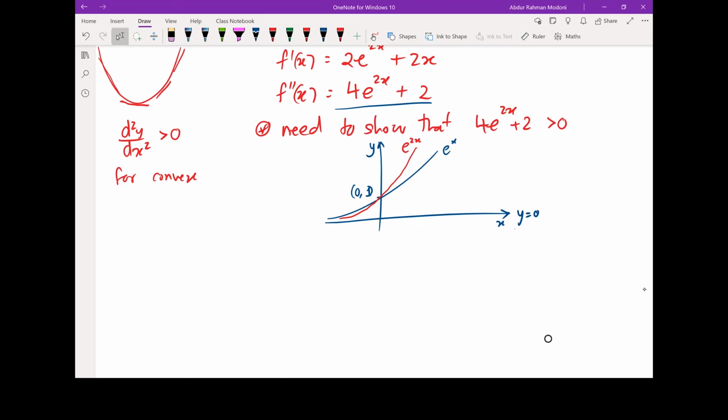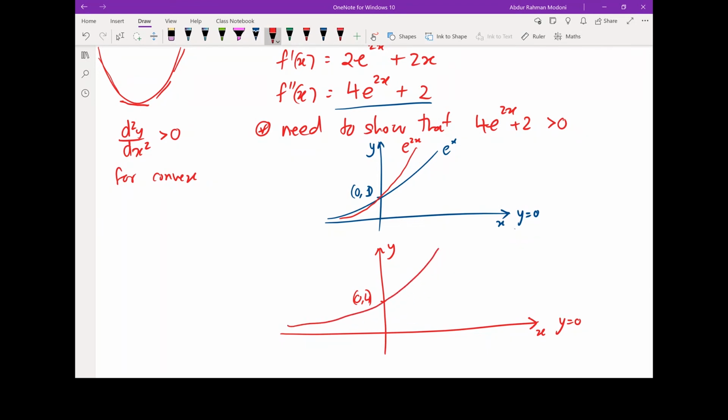So let's go and apply the transformation here. Enlargement by scale factor 4 applied first will result in 0, 1 becoming 0, 4. Y equals 0 remains as it is, 0 times 4 is still 0. And so our graph looks something like that.